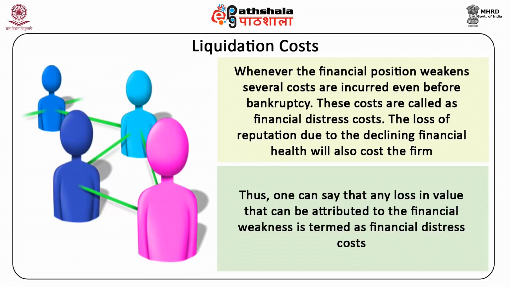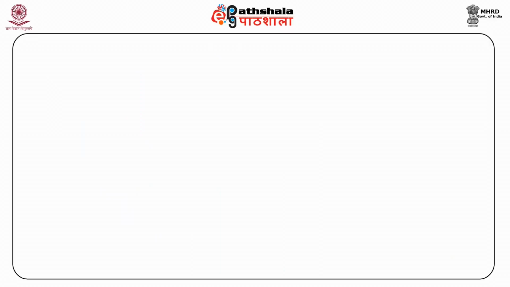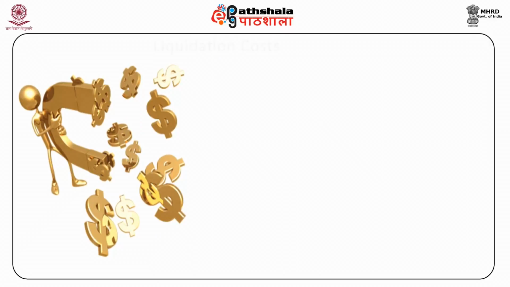Thus, one can say that any loss in value that can be attributed to the financial weakness is termed as financial distress cost. These financial distress costs can further be classified into three main categories, which are as follows.